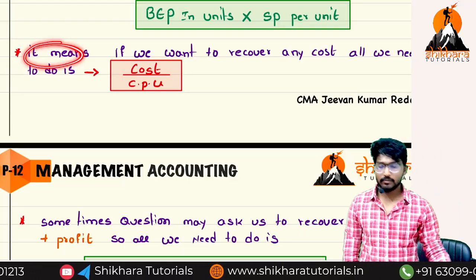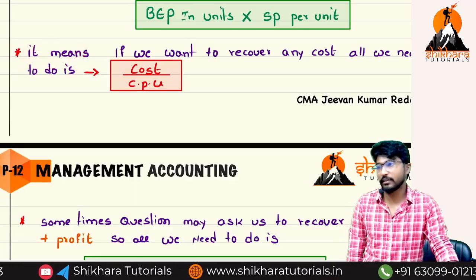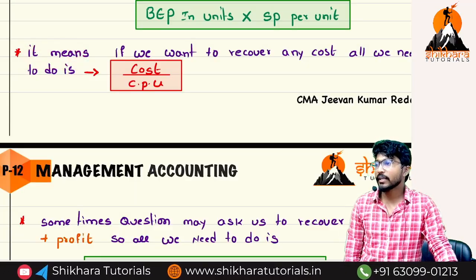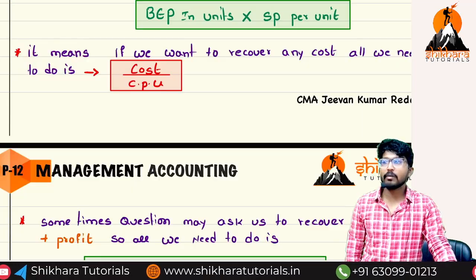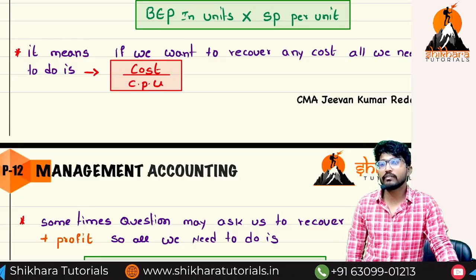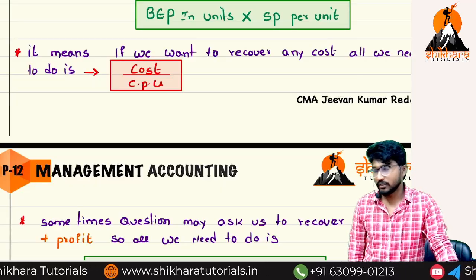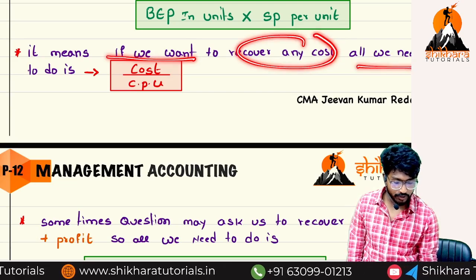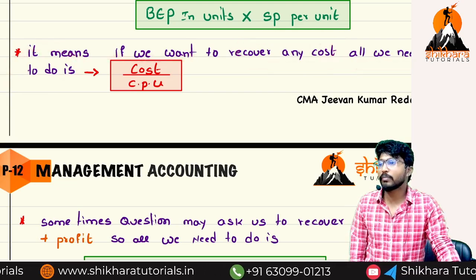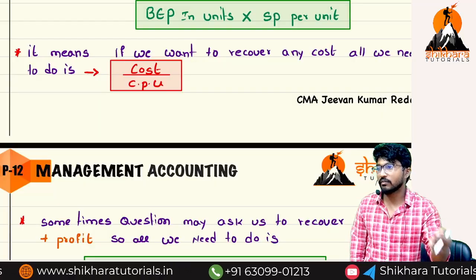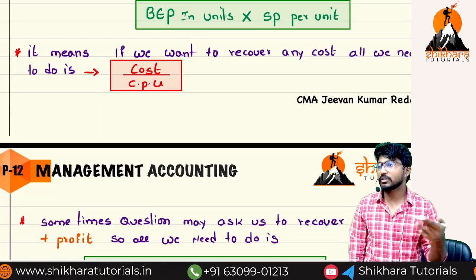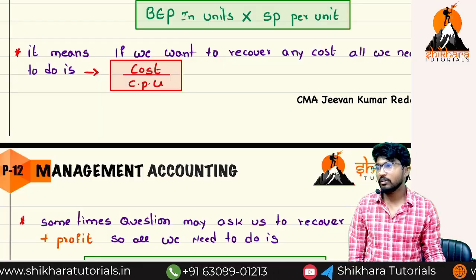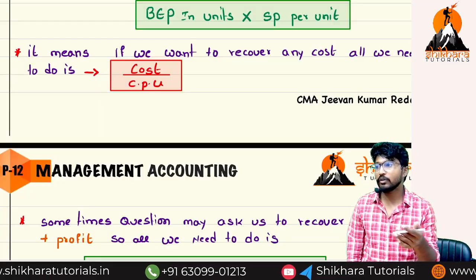It means if you want to recover something, the formula is always cost divided by contribution per unit. If you want to recover any cost, all we need to do is take the cost we want to recover divided by contribution per unit. Then you will recover the cost in units.